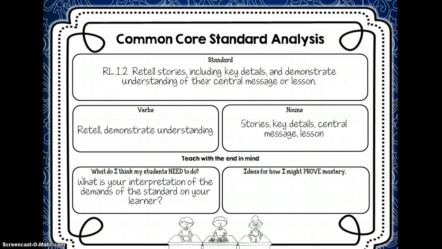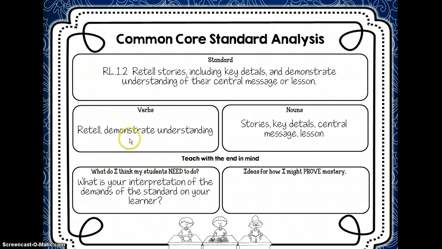And so you want to help your young firstie synthesize information so that they can give you exactly what you need. This process over the course of the first grade year of teaching your students how to synthesize for those key details will over time help them to be able to articulate that central message or lesson that they're listening to in the story that you're reading to them.